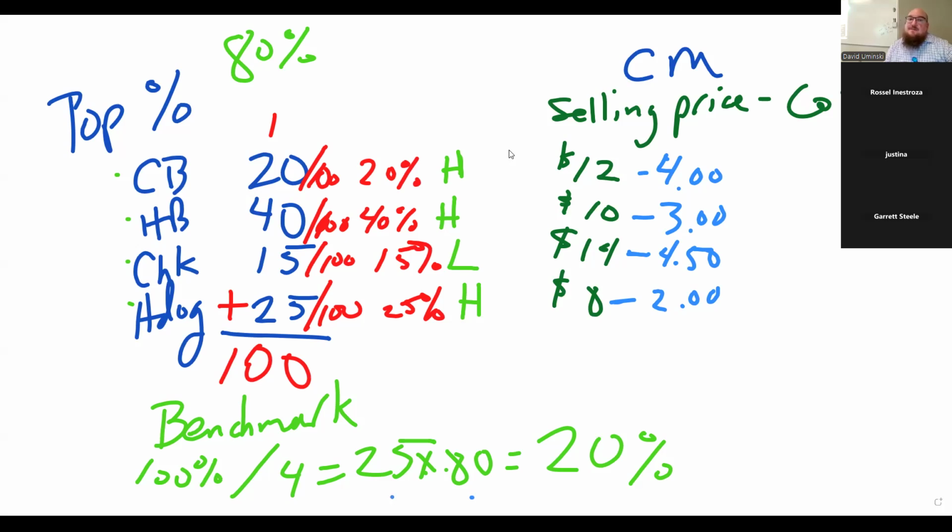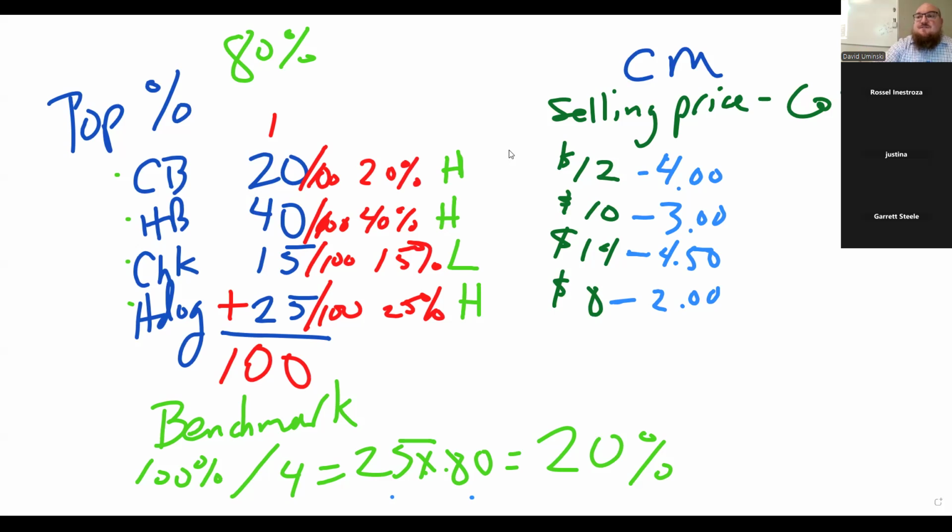So we take 100 divided by the number of items, that's our average popularity. And to be considered popular, in this case, we want to be 80% of that average. We could say 90, we could say 95. You could even say 110% to be more popular than the average. So whatever you decide you want that factor to be.